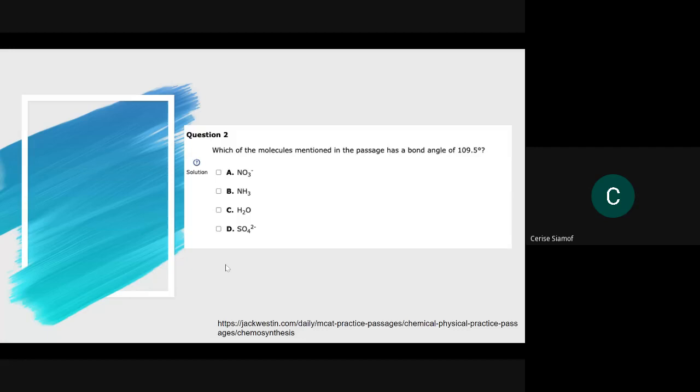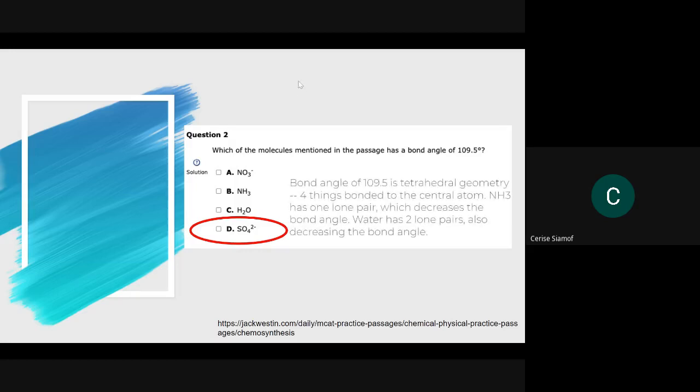Okay, so the next question was, which of the molecules mentioned in the passage has a bond angle of 109.5 degrees? The answer to this question was D, SO4 2-. Molecules with a bond angle of 109.5 describe a tetrahedral geometry, so typically we think of that as 4 things bonded to the central atom.